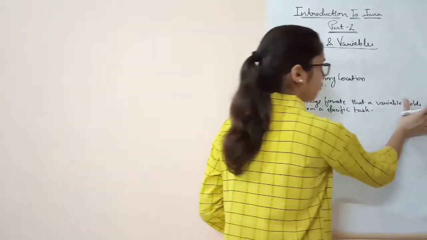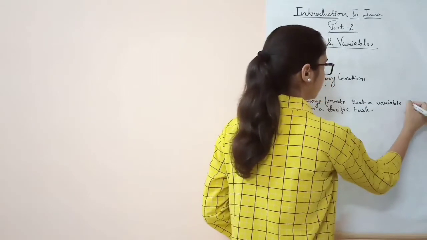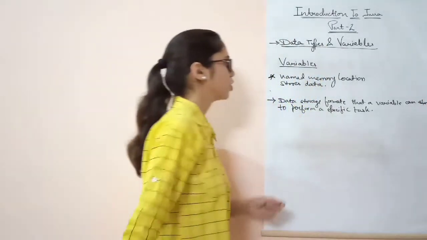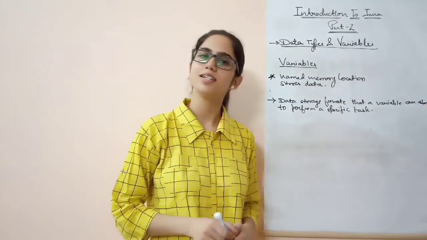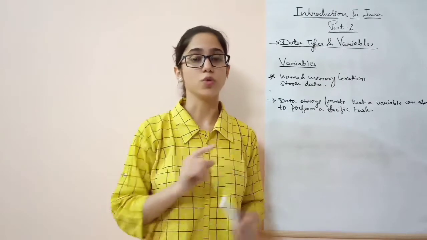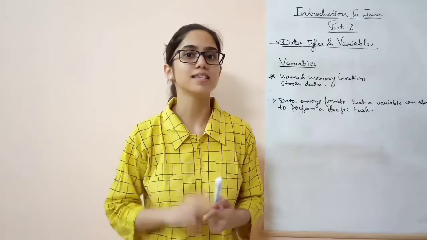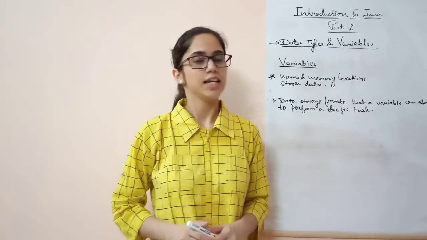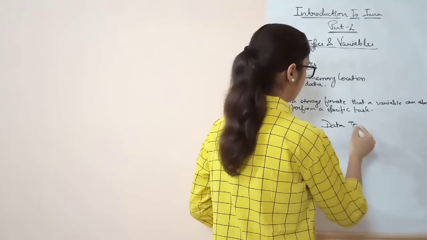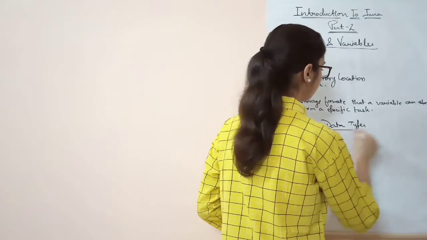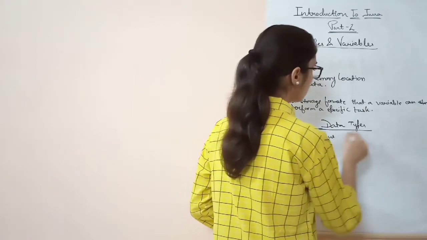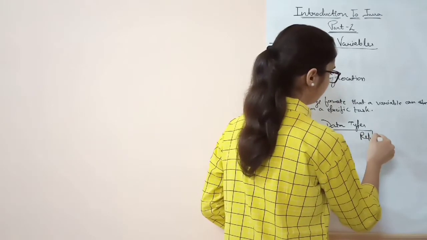Or you can say that a variable can store to perform a specific task. Now this data type, as I told you, determines the type and size of the variable. Now there are 2 kinds of data type. They are primitive and reference data type.